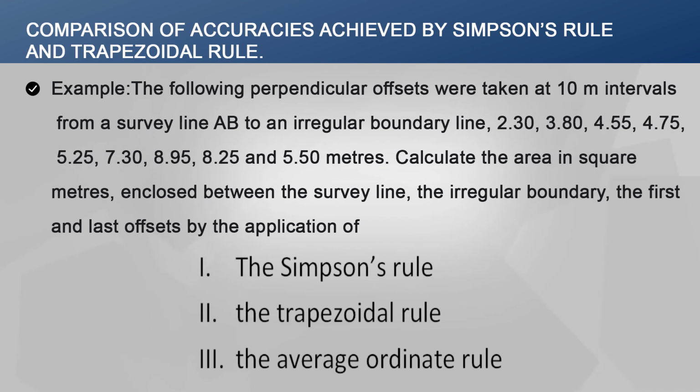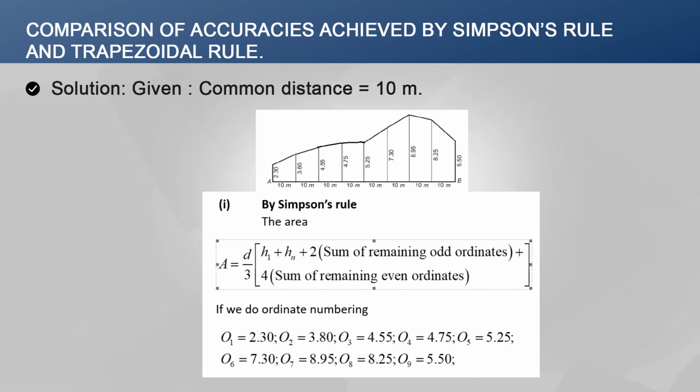Calculate the area in square meter enclosed between the survey line and the irregular boundary, the first and last offset, by application of the Simpson rule, trapezoidal rule and average ordinate rule. So, if we draw a figure based on the offsets given, the figure will look like this, and the common distance between the offsets given is 10 meter, because it is written that the following perpendicular offsets were taken at 10 meter interval.